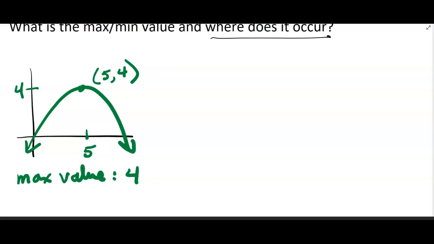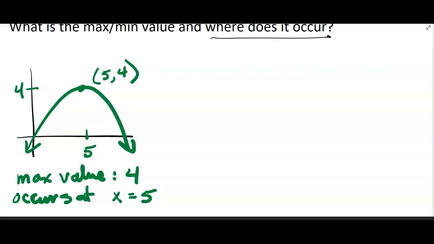It's the output, okay? So this is where students get confused sometimes. So the maximum value, like if I have this function, what's the highest output I can get? 4. Where does it occur? It occurs at, and they might say x equals 5 or time is 5 or something like that.